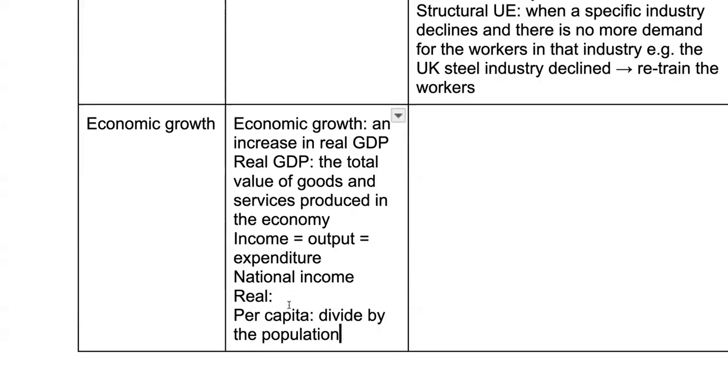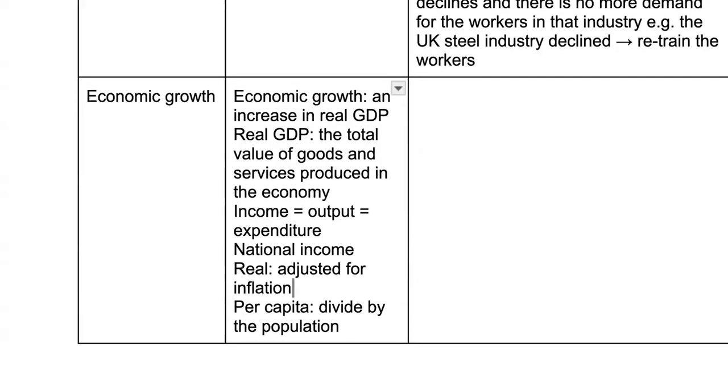And what does real mean? Does it mean like relative to inflation? Yep, adjusted for inflation. So that could mean minusing by inflation or dividing by inflation. It depends. You don't need to calculate it, but it depends.